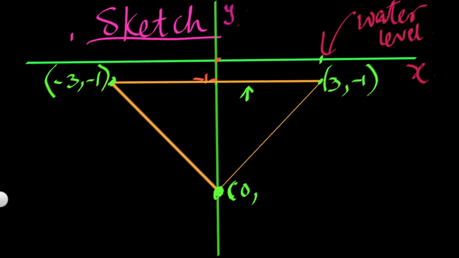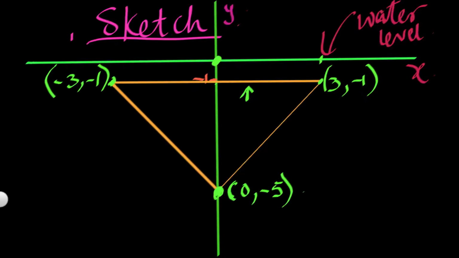So we measure the depth of the canal from the water level to the base here. So the water level is here where we have 0, which is the x-axis. And if we move 5 steps downwards, it means this point here is 0, -5. Y here will be -5. That is the depth of the canal.